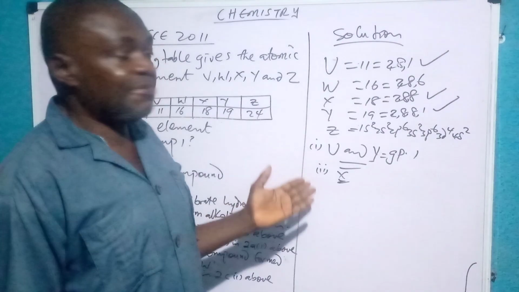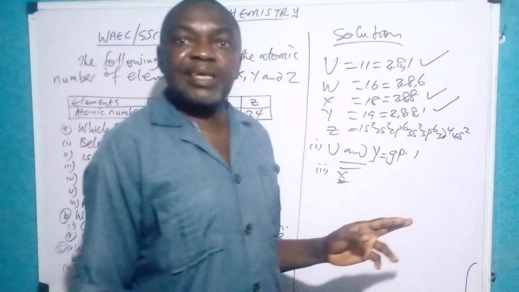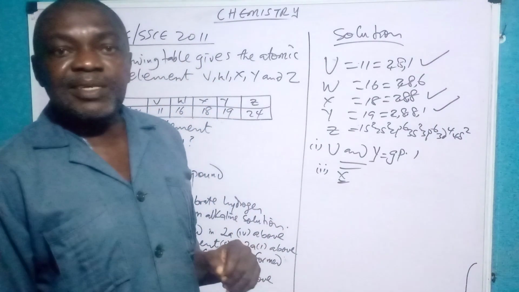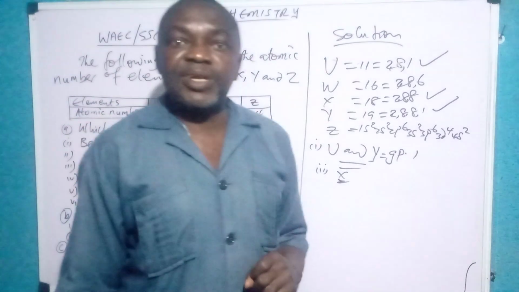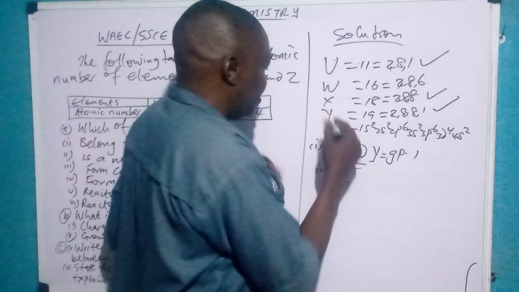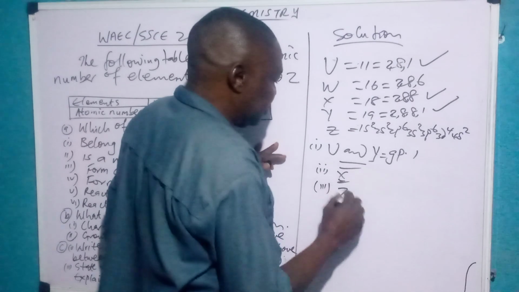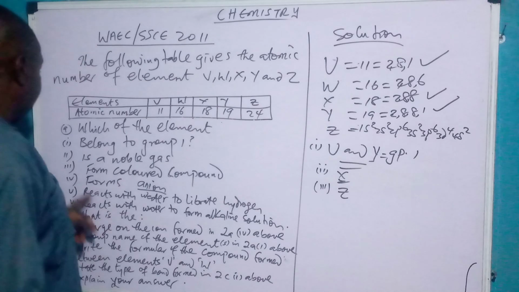However, by definition, Z qualifies. Transition metals are metals that have their d orbital not completely filled. And one of the properties of transition elements is that they form colored ions. Because this one is not completely filled, they form colored ions. So Z forms colored ions.